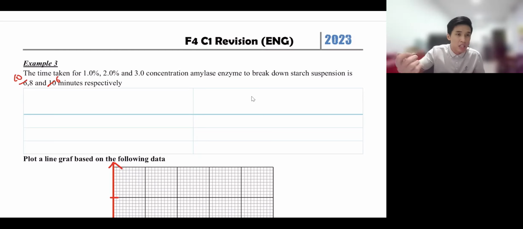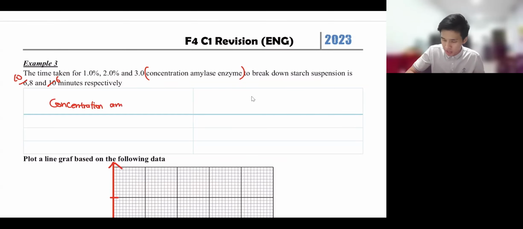Yes, Melvin, Tanya, Yijun, very good. So the one that affects my experiment is, Jiahui, correct, concentration now, not percentage. So yes, concentration of amylase enzyme. The unit of the concentration here is percentage.